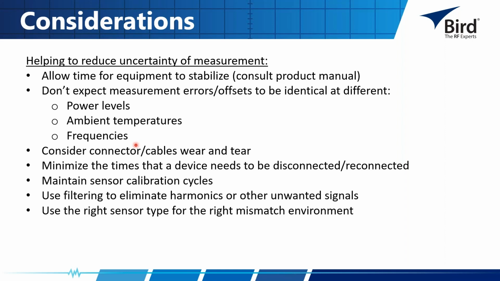So it's always good to consider connector and cable wear. A lot of people don't think about it, but there's typically a rated number of mating cycles with different connectors. Something like an SMA could be around 500 mating cycles.